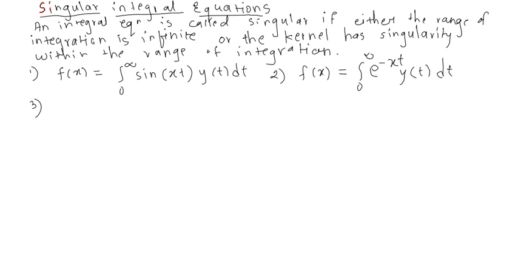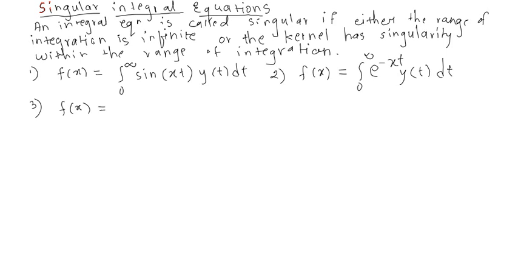Now let us look at one more example. See, example 1, example 2, even example 3, I have taken them all as the integral equations of the first kind. Okay, but when we come to singular integral equation, we usually don't say the first kind and the second kind thing. We just say that it's the singular integral equation.